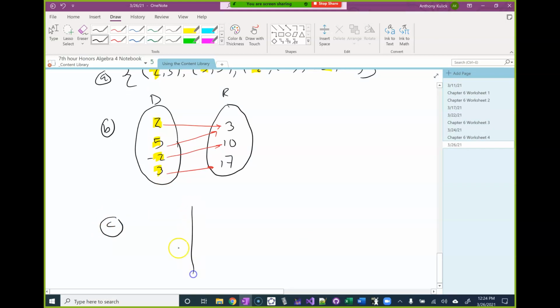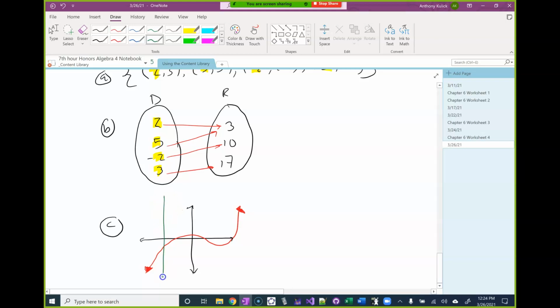Another way we represented a function was with a graph. So here's my xy axis, and if we had something like this, this represents a function because there are no x coordinates that are used more than once.